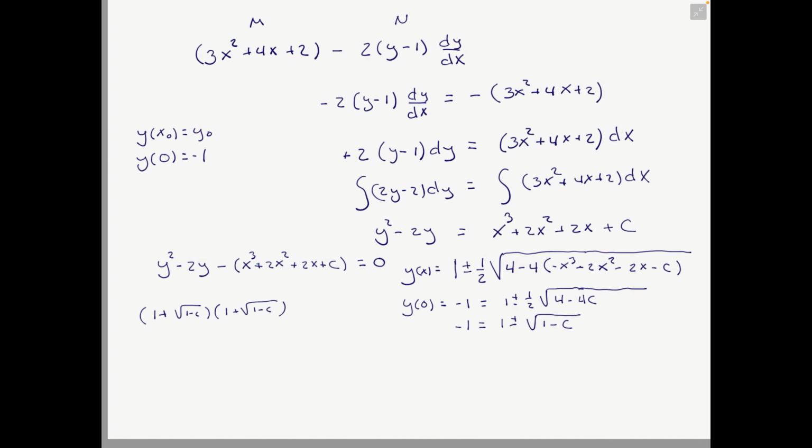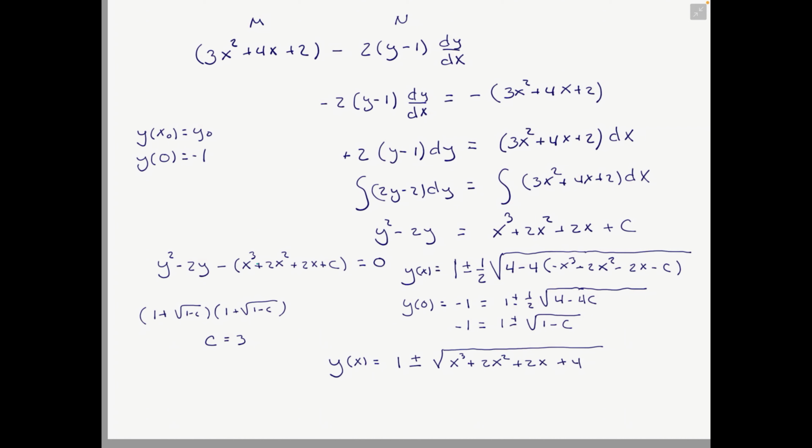It gets a little complex, but we end up with c equals 3 when we're done with this. And then the final function, y of x, is equal to 1.